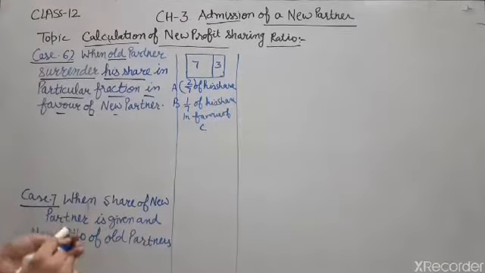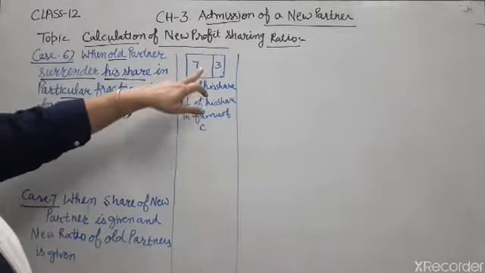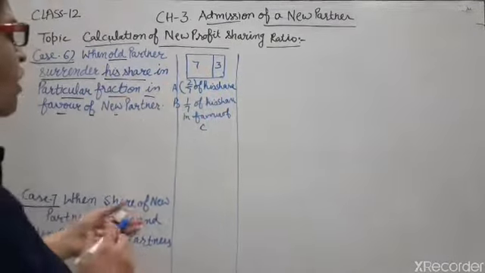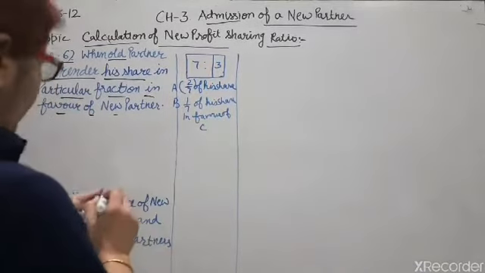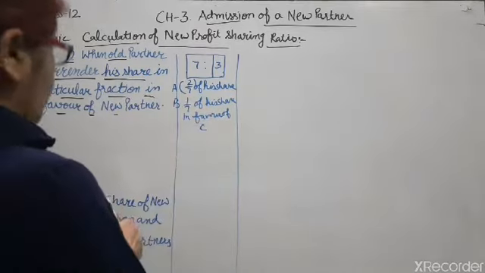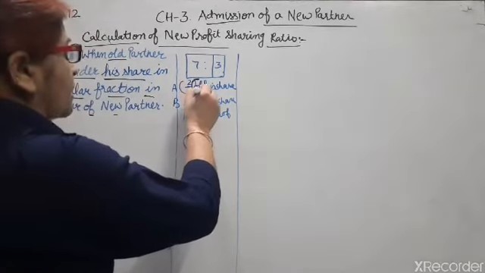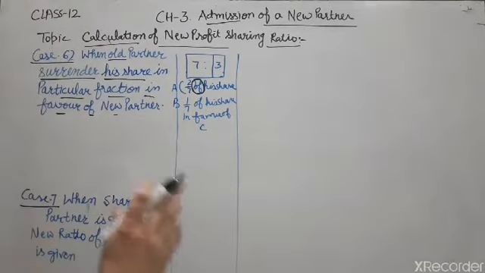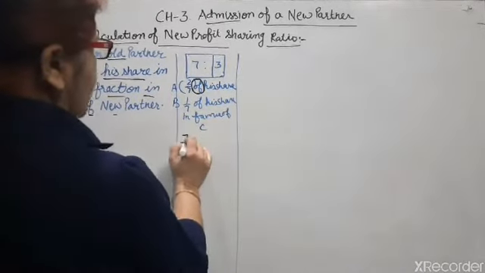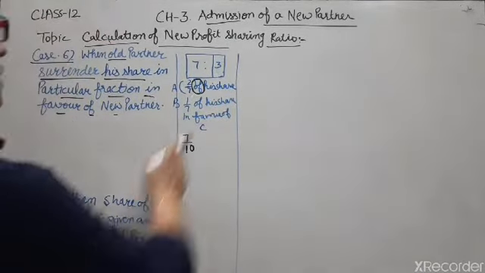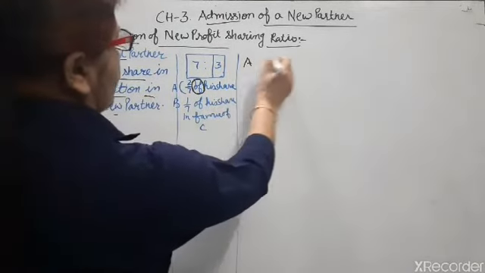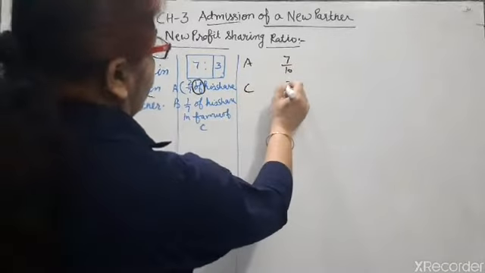In this case, two partners A and B are sharing their profit, eating their pizza, in the ratio of 7:3. C comes and A sacrifices 2/7 of his share. Remember, "of" means multiply: 2/7 of his share. A's share is 7/10 and B's share is 3/10.